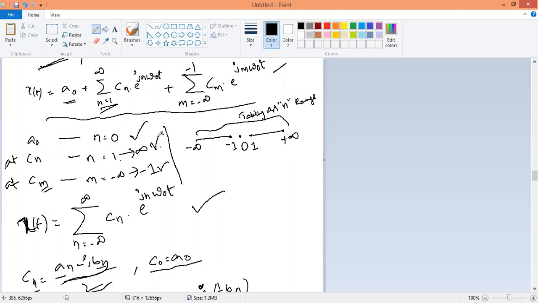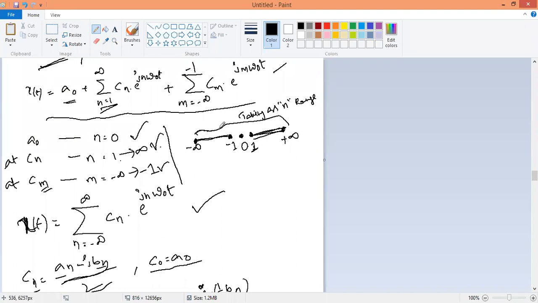So these three limits I am writing as: first minus infinity to minus 1, next value 0, next 1 to infinity.